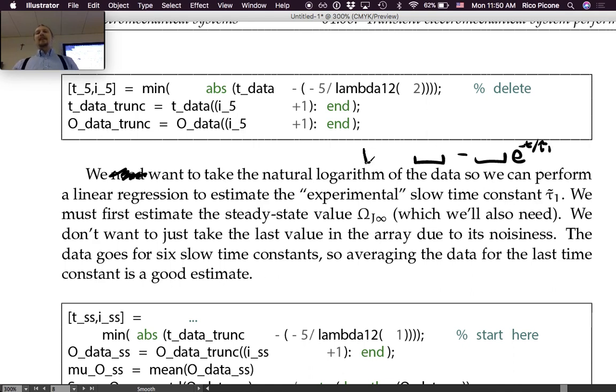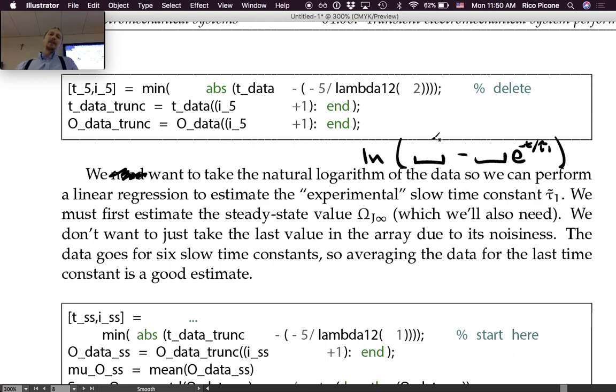And so we can't just take the log of that. If we take the log of that, that is not going to give us a linear function in tau 1, right? You guys may or may not have run into this when you were doing your thermal response data. I saw it a couple of times.